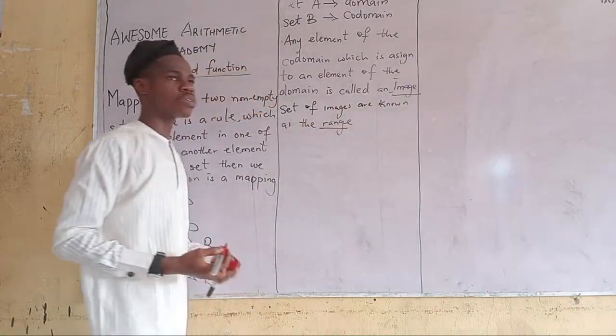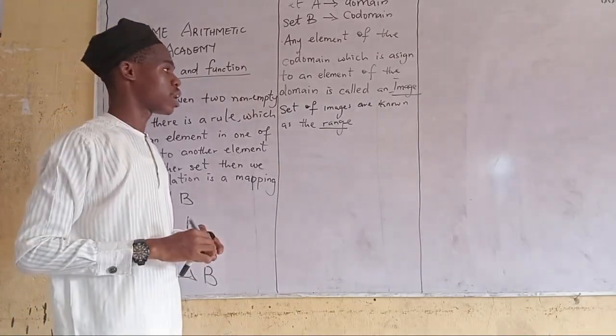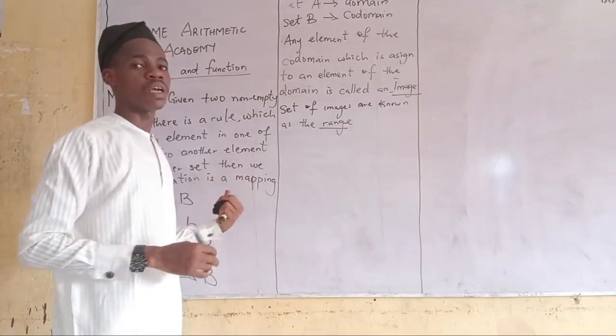So all the elements of B that have an element in A are called the range.